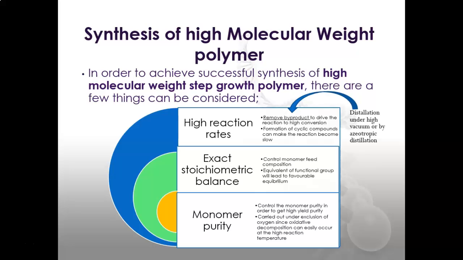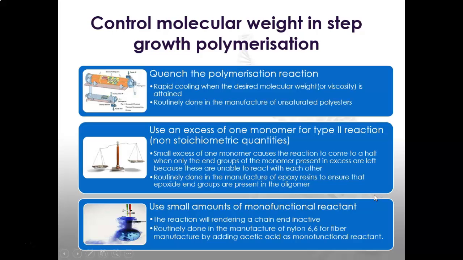And also we want to exclude oxygen because we want to maintain the temperature so that it won't increase drastically, right? Okay, we have done with three methods of how to produce high molecular weight in step growth polymer. Now let's look at the next slide.